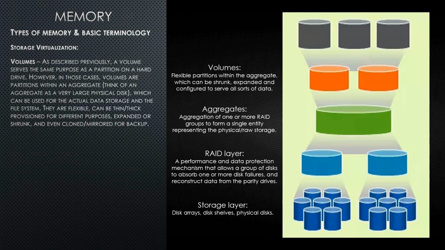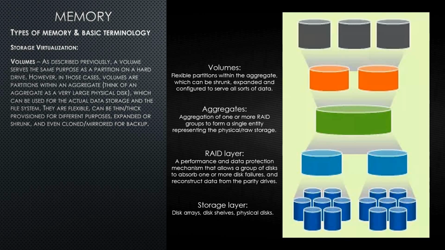The next layer is the volume layer. Volumes, as described previously, serve the same purpose as a partition on a hard drive. However, in those cases, you can think about a volume as a partition within an aggregate. So think of an aggregate as a very, very large physical disk. And they can be used for the actual data storage and the file system.